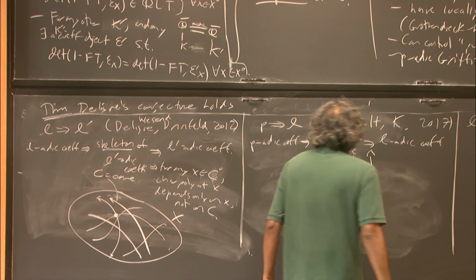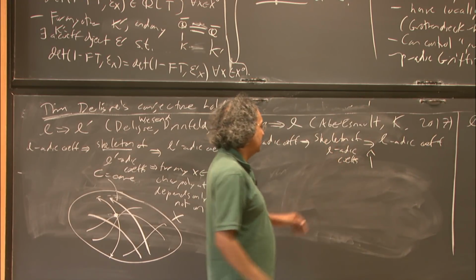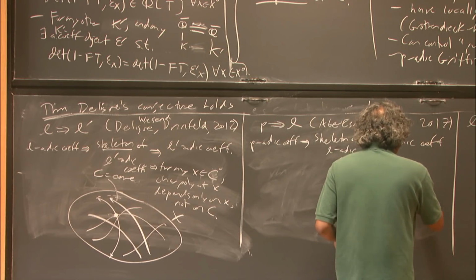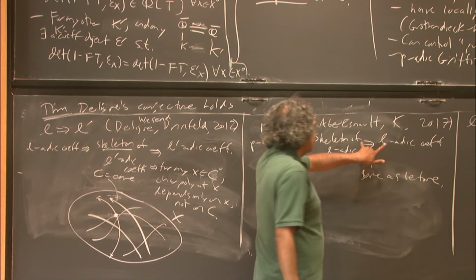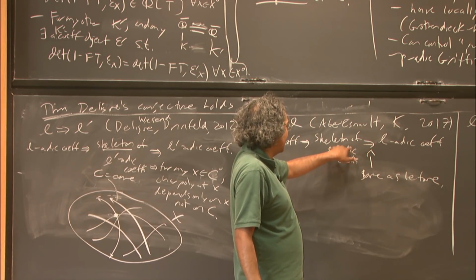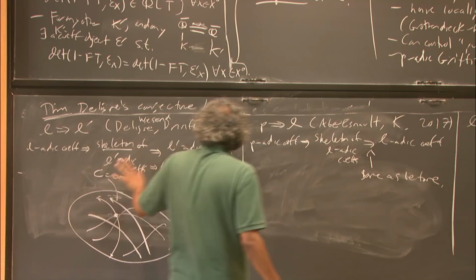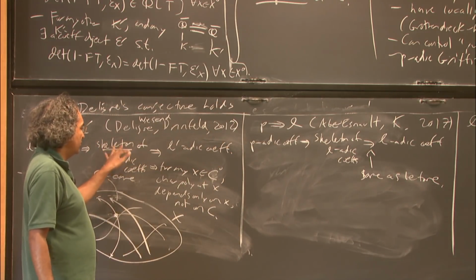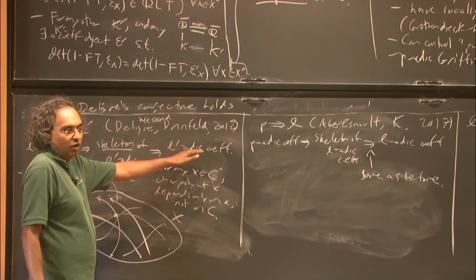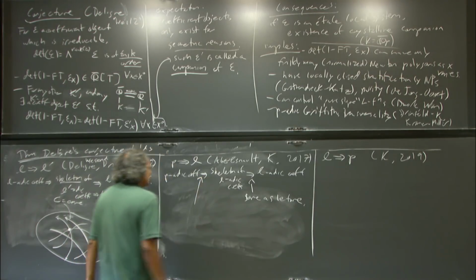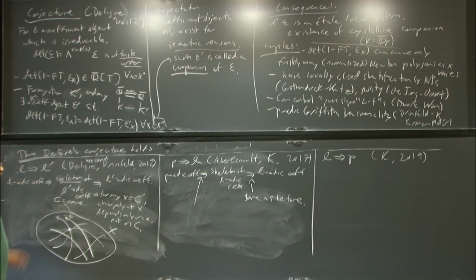Once you get to the skeleton, you don't really have to do anything new at this step, because if you have an L-adic skeleton that has the right compatibility properties, then you're in the same situation that Drinfeld was in, and you can just run his argument.